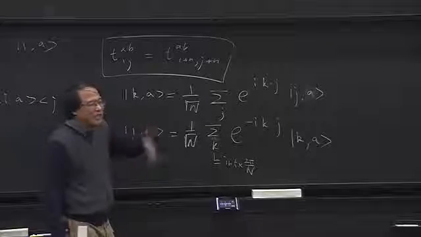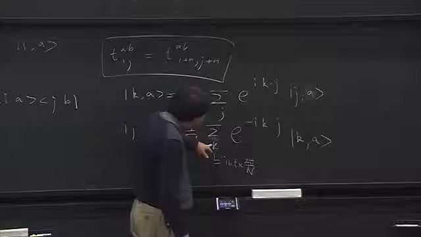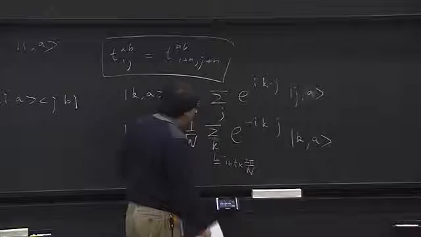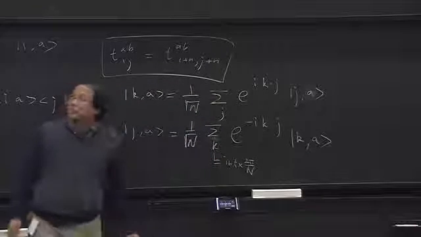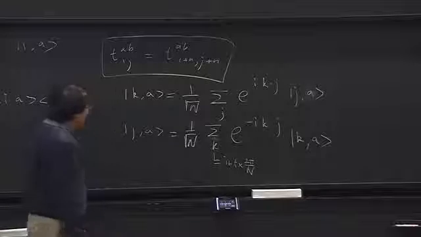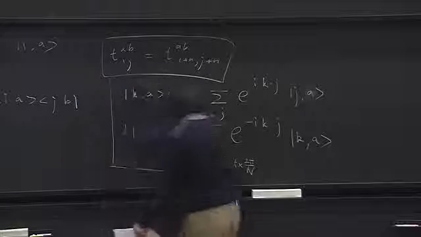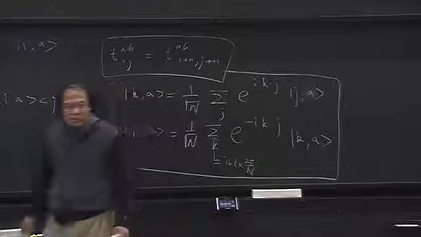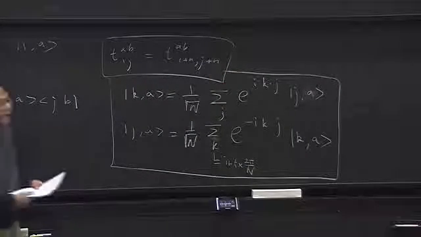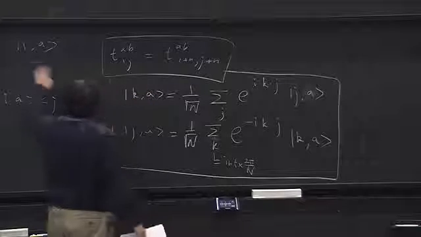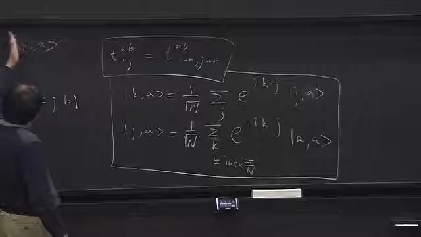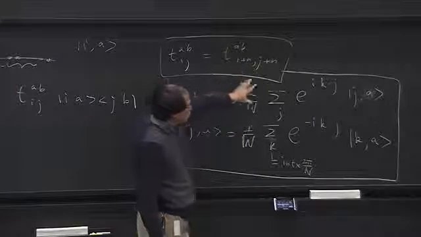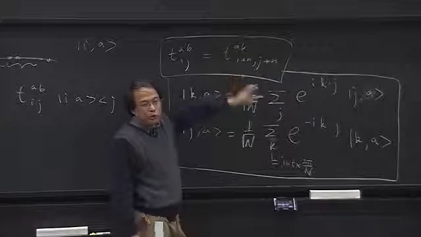That's what it usually means. This is just a formula for the Fourier transformation and the inverse Fourier transformation. It's just a plane wave basis. You can see this j basis is a real space basis. Now I'm using the wave vector basis, and these two formulas just relate the two bases.